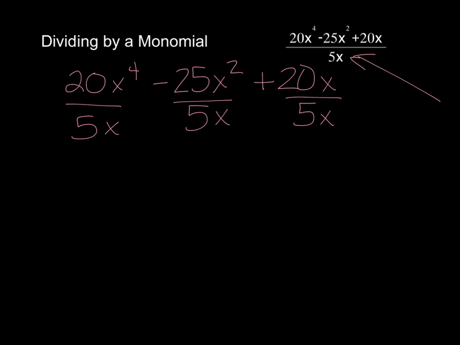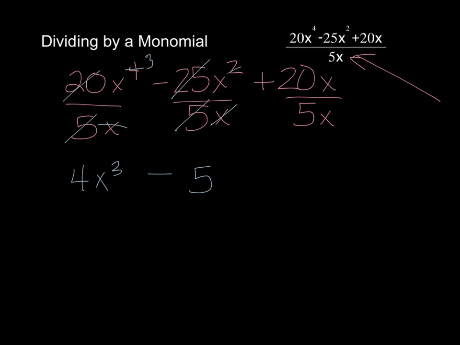So here we notice that 20 divided by 5 will give us 4. X to the fourth divided by x will leave me x cubed. I'm just canceling one of these with one of these, leaving 3 x's. Minus 5 goes into 25 5 times.